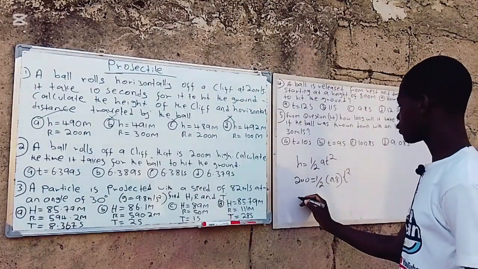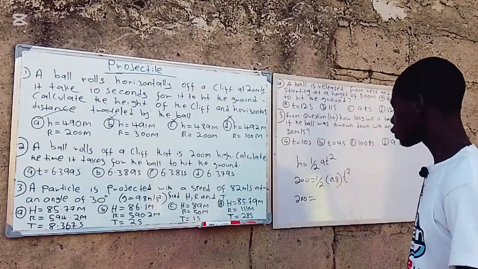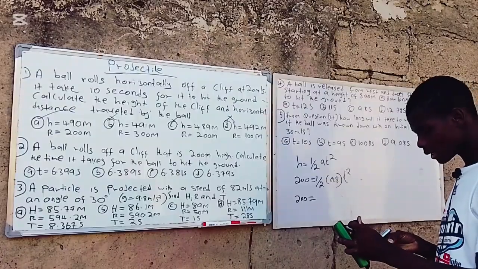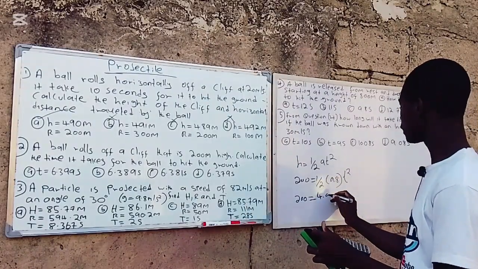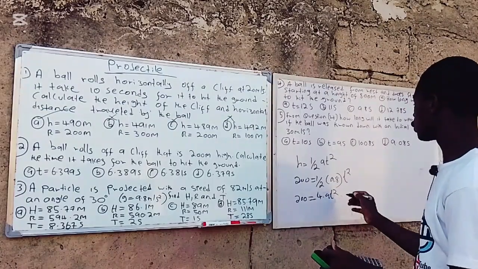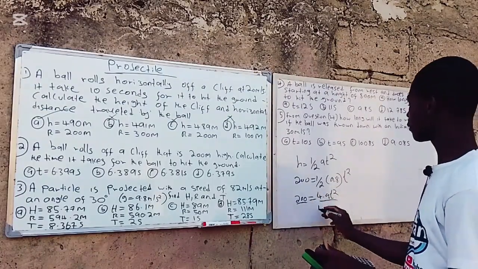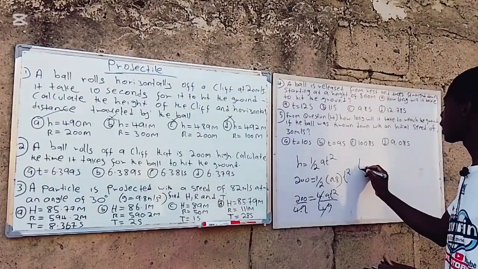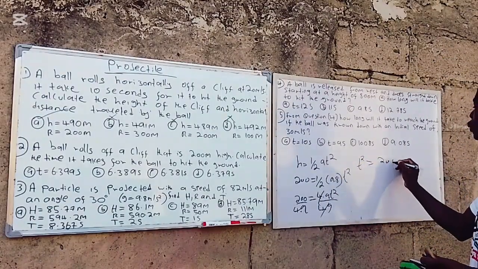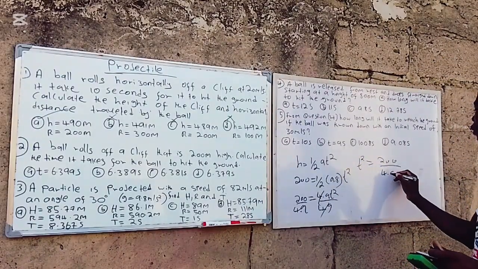So 200 is equal to 9.8 divided by 2, which is 4.9 t squared. If I divide both sides by 4.9, this cancels this, and therefore t squared is equal to 200 divided by 4.9, which is 40.816.